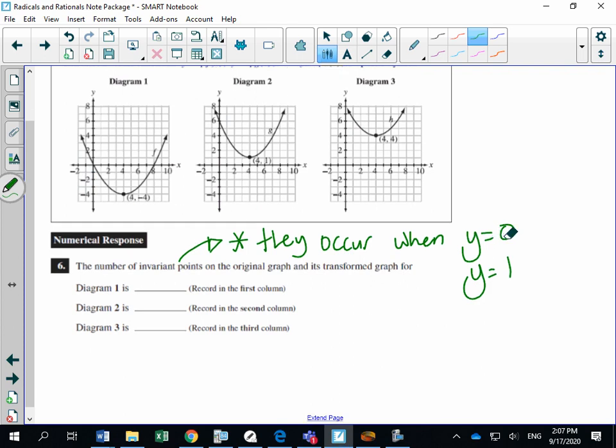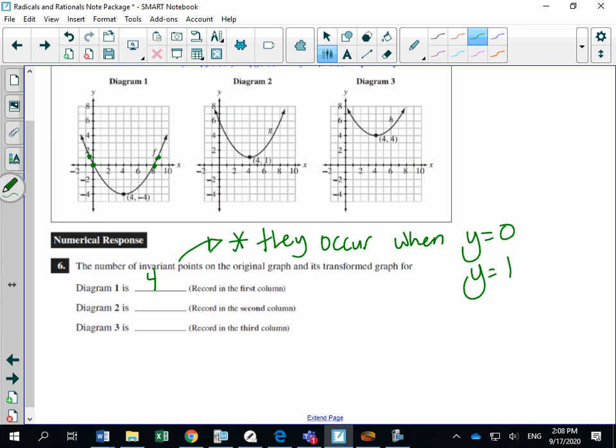So I need to look for where is y 0. So this is going to be an invariant point, and that's going to be an invariant point. Now I have to go to my graph, on my original graph, where is y 1? That's going to be an invariant point, and that's going to be an invariant point. So the number of invariant points on the original and the transform graph for this diagram, there are 4 invariant points.